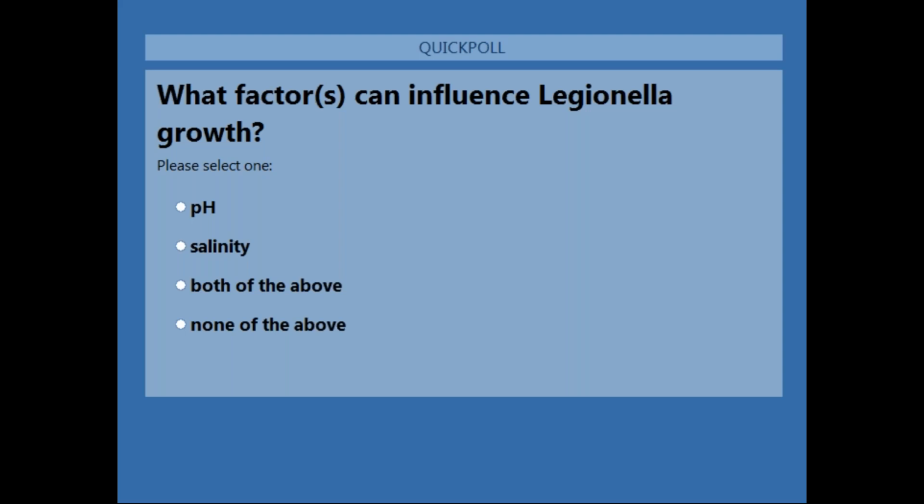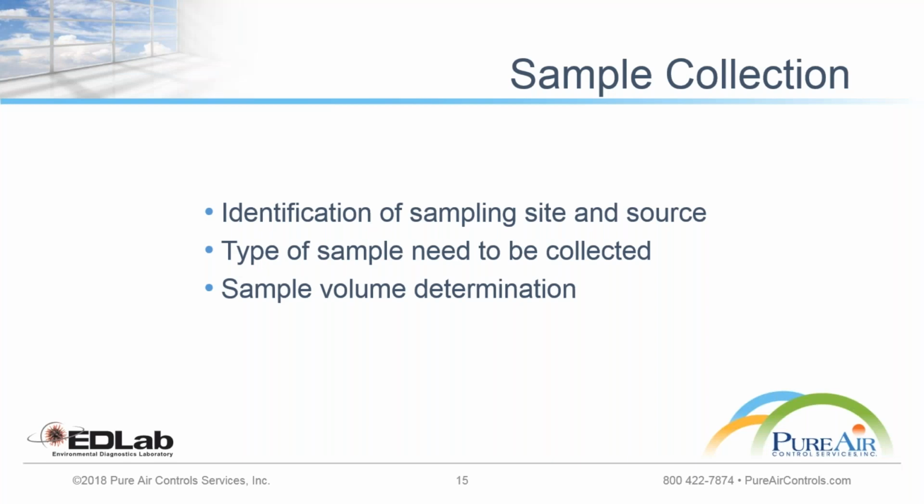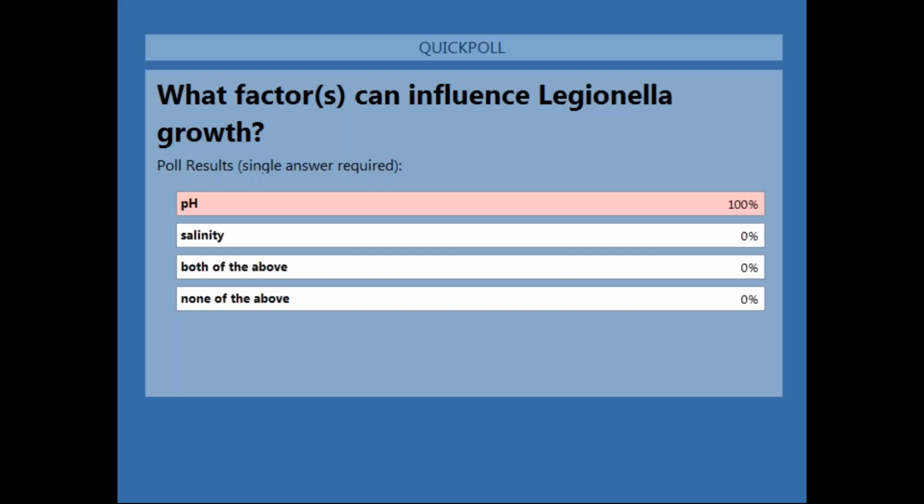And I'll go ahead and close the question. Let's see. All right, everyone's doing well. Got 100% correct on that one. It is the pH out of these answers that can influence the growth of Legionella in a system.